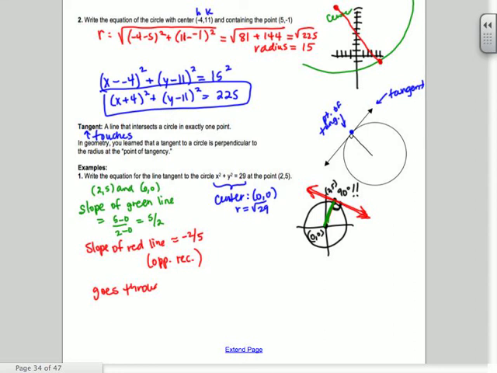So it goes through (2, 5) with m equals -2/5. So that means I have y - 5 = -2/5 (x - 2). Do you guys remember that equation? y - y1 = m(x - x1). That's point-slope form. You guys will need to know that for your final.